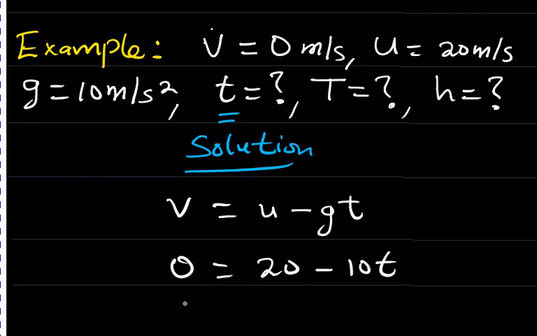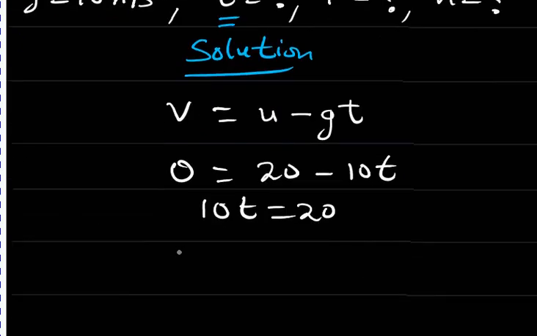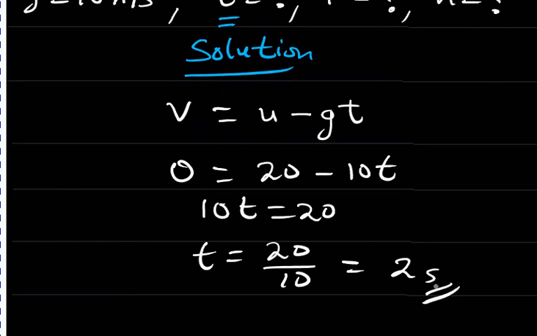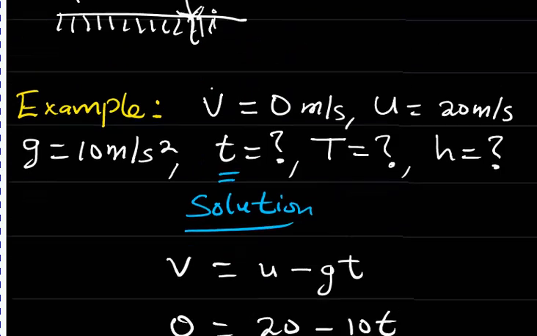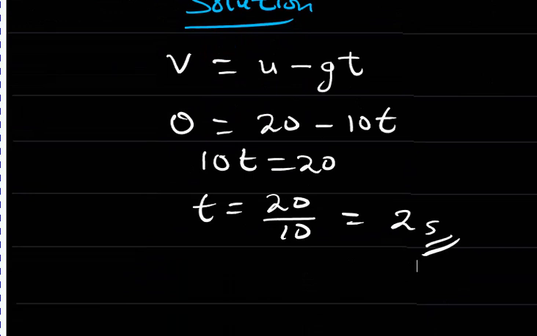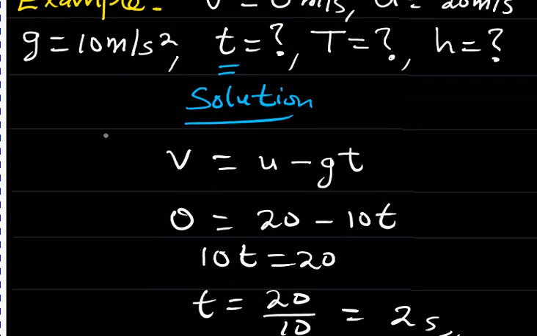Rearranging the equation, 10t is equal to 20. So the time is going to be 20 divided by 10, which is 2 seconds. I hope that is well understood. So this has done justice to the first part of the question. Let me call it A.